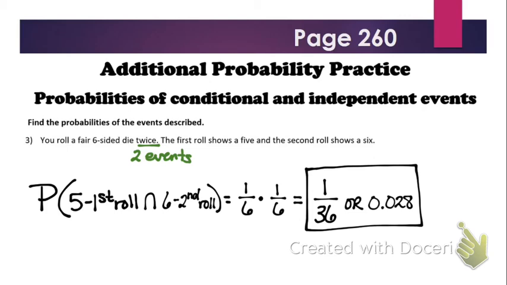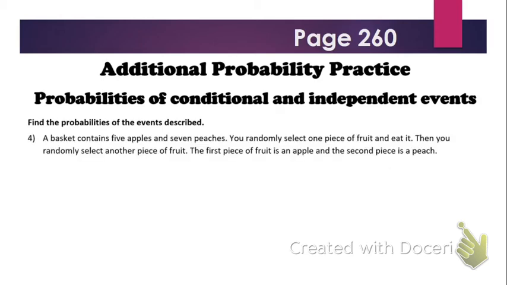How many events are we describing in number 4? Two events. You select one piece of fruit and you eat it, and then you select another piece of fruit. So 2 events.